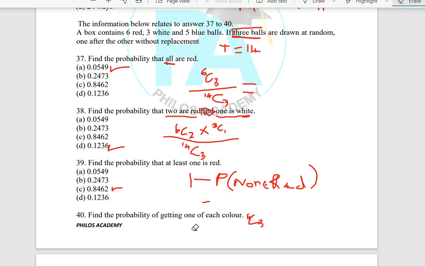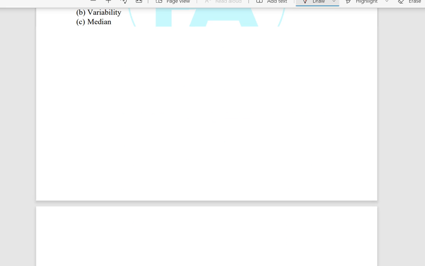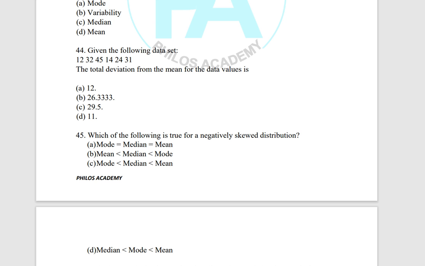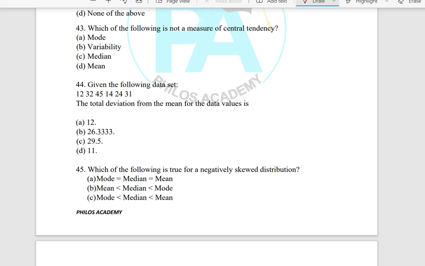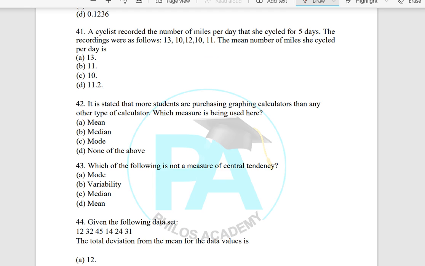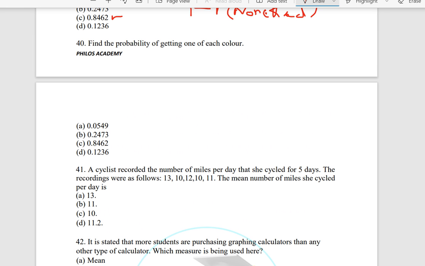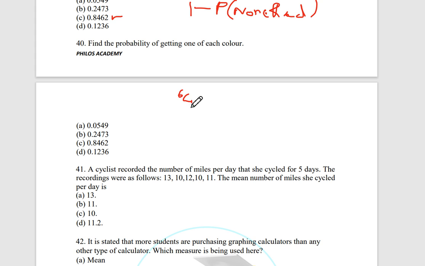So quickly, let's go to question 40. Question 40 says, find the probability of getting one of each. Now, to get one of each, it means that you get 1 red.